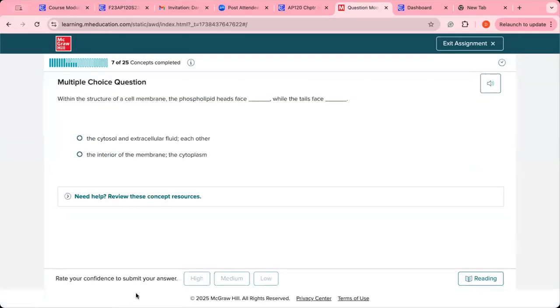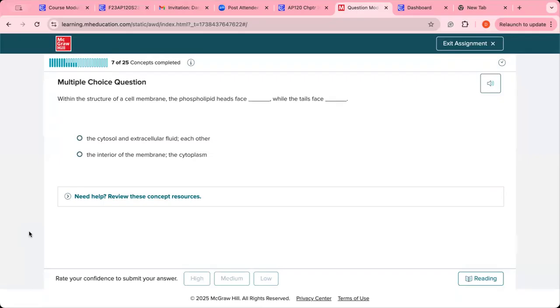Okay, within the structure of the cell membranes, the phospholipid heads face blank. Okay, so the phospholipid heads face the... okay, I have to read this weird.